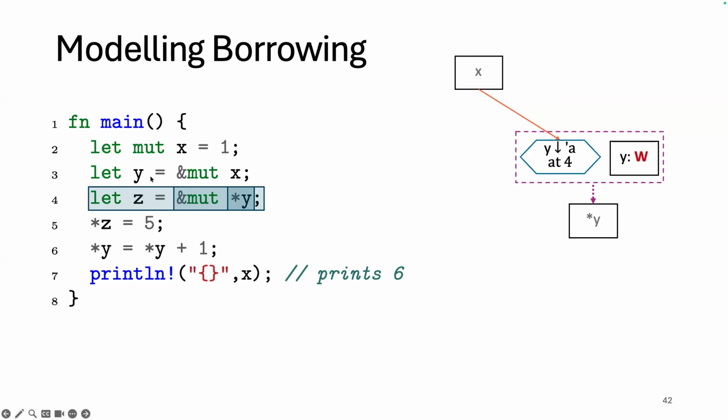So if Y stored a reference to a reference, the deref of Y would only be from the outer lifetime projection. That makes sense, but in your PCG, can you ever end up in a situation where this purple box would contain multiple different ones, maybe one for Y, one for something like Z? Does that make sense?